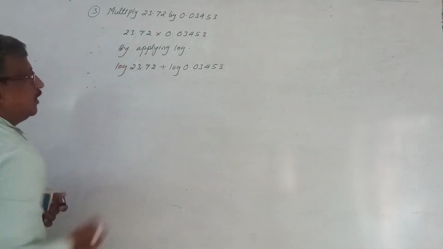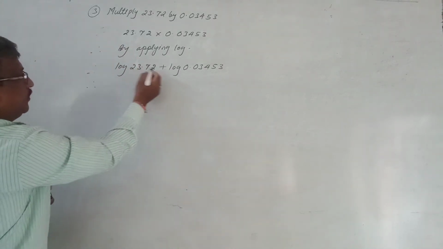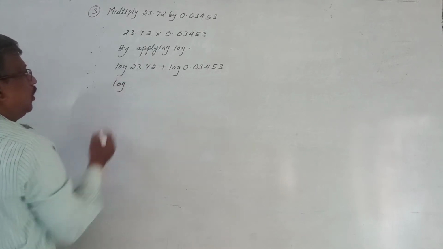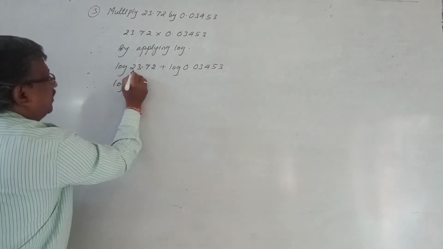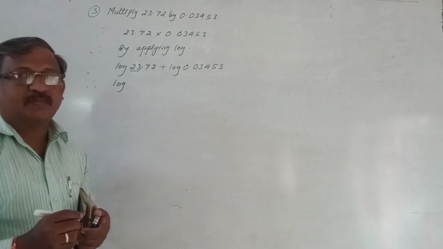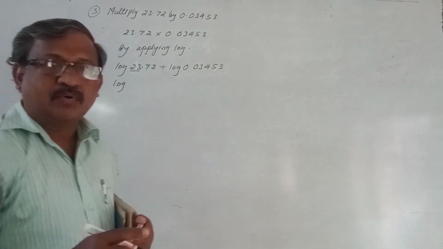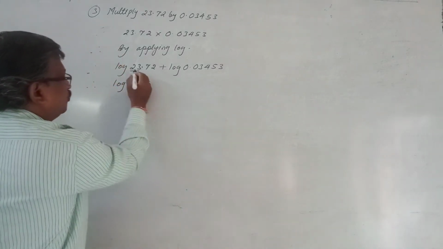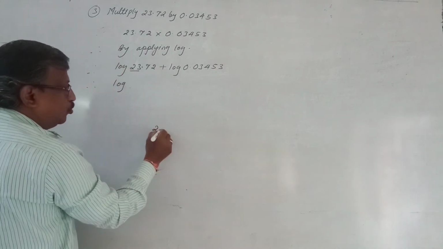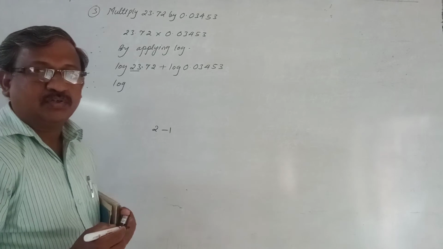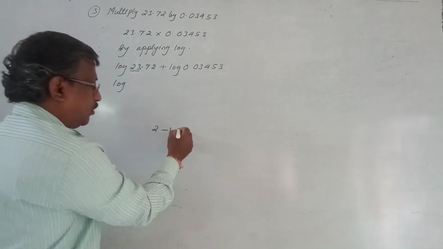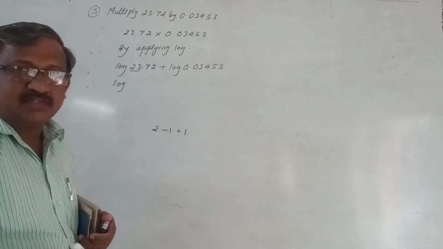Now let's first calculate the log of the number 23.72. Again this number is in decimal, so we have to consider the integral part. In the integral part you count the number of digits, and from the total number of digits you minus 1. So how many digits can you see here in the integral part? 2, and from the total number of digits you minus 1, remains 1. So 1 is called the characteristic.